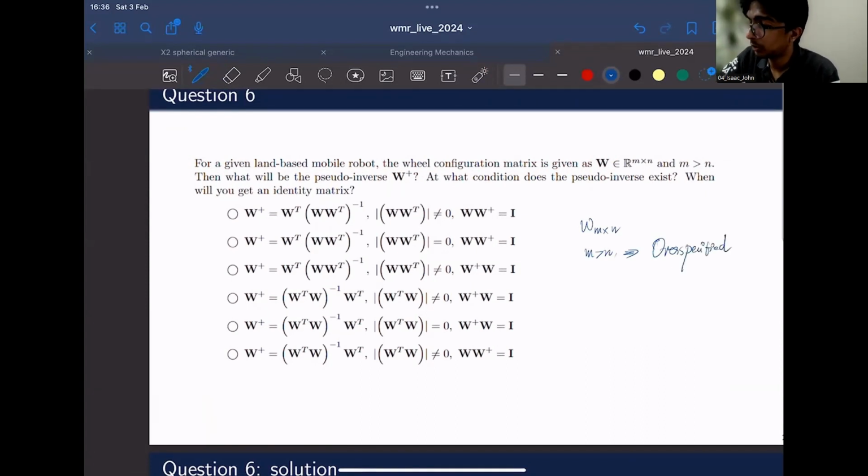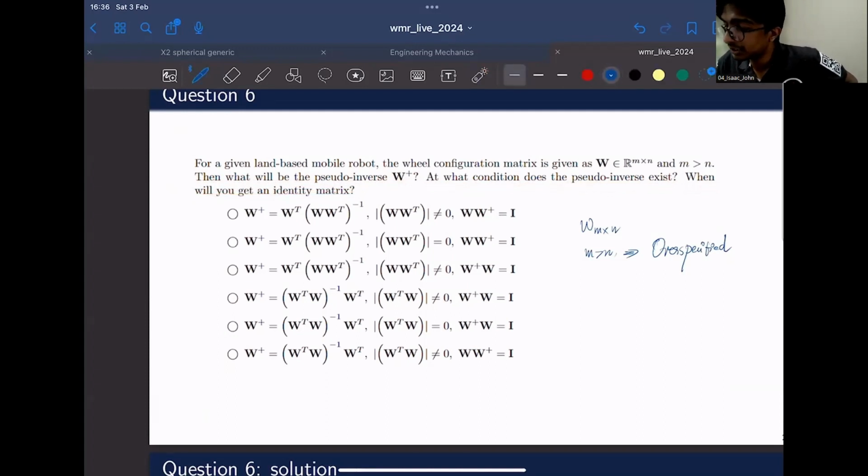Then the question asks what will be the pseudo inverse W plus, at what condition the pseudo inverse exists, and when you will get an identity matrix. So we have three questions.